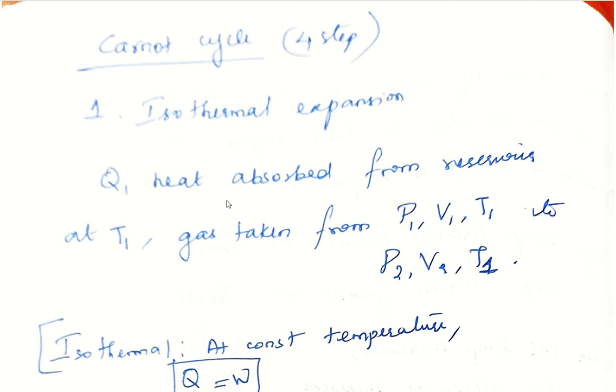When we place the reservoir near the cylinder, the gas molecules get heated up, and the piston on top of the cylinder starts moving because of the expansion of the gas. This is an isothermal expansion, so the temperature remains the same, but the pressure changes from P1 to P2 and the volume changes from V1 to V2.